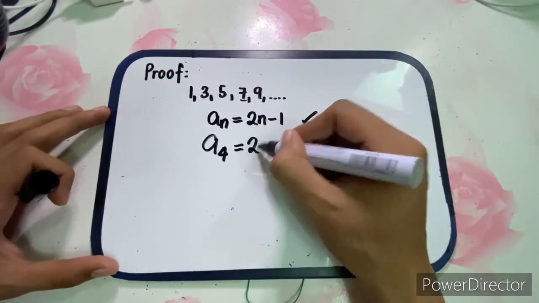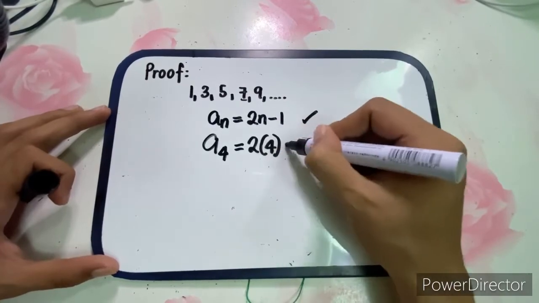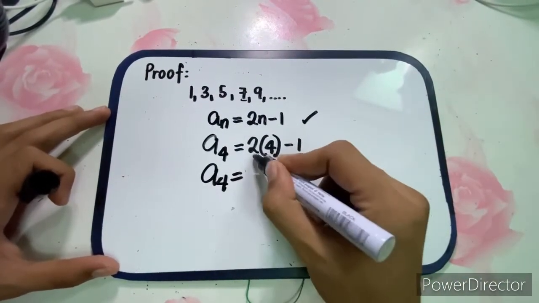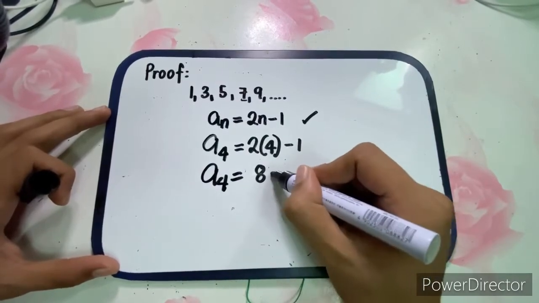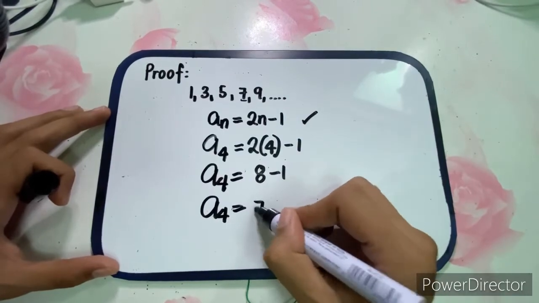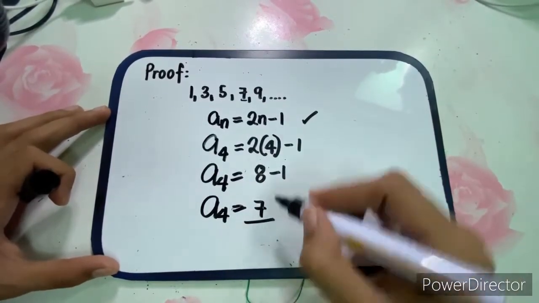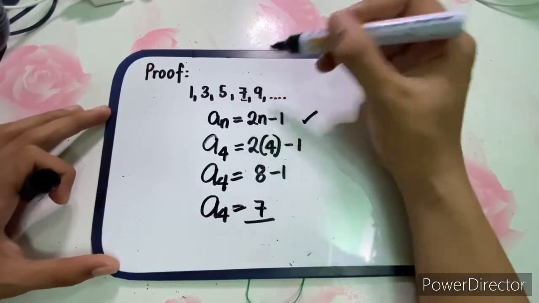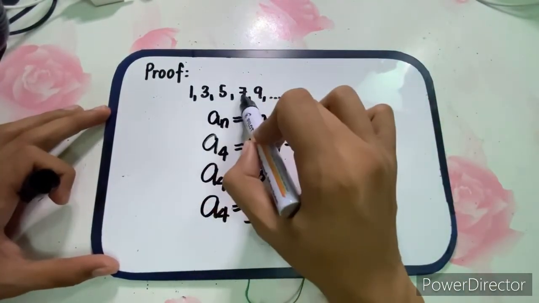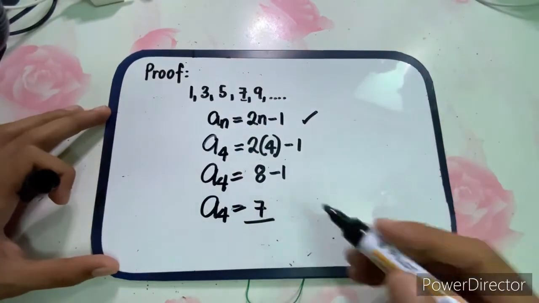Equals 2 times 4, then minus 1. So a sub 4 is equal to 2 times 4, 8, minus 1. And a sub 4 is 8 minus 1 is 7. So we have a correct answer, okay? Because a sub 4 is 7, and 1, 2, 3, 4, the fourth term is 7 also. So we are correct.